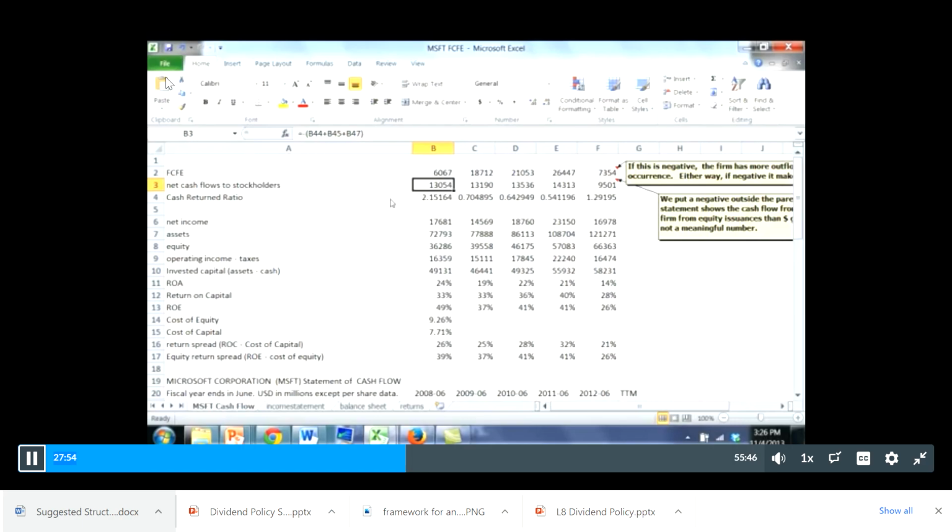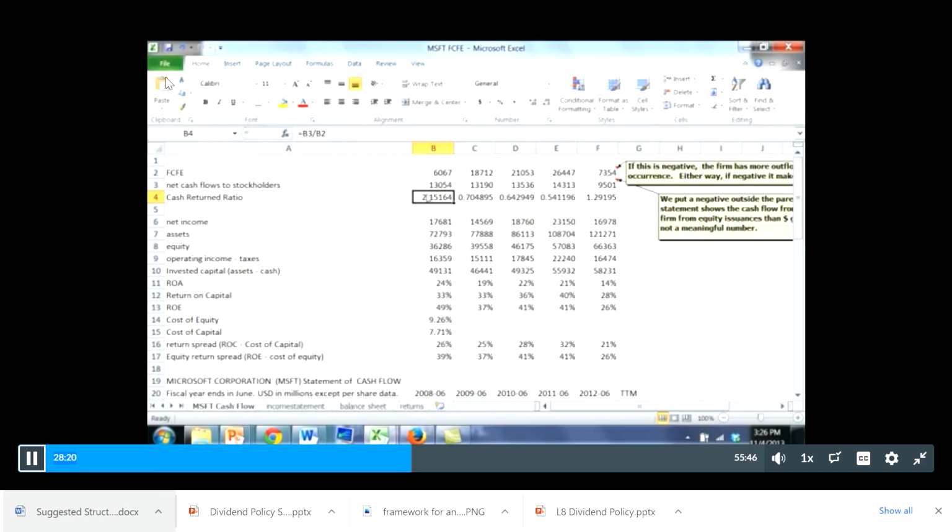Right, and this is, of course, what Damodaran likes better than the payout ratio, which is just the dividend divided by net income. Here we have the dividend plus the stock repurchase divided by the cash that's really available to be paid out.